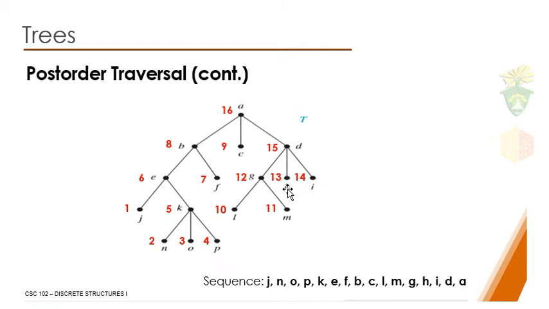Node H is a leaf, so no problem. Just visit it there. And then, you cross to its rightmost sibling. So, that's node I. And then, officially visit the parent. That's node D. And then, lastly, A.